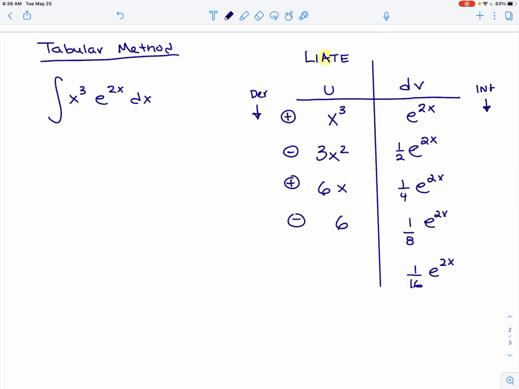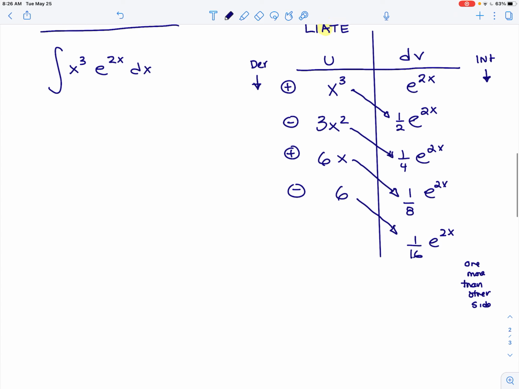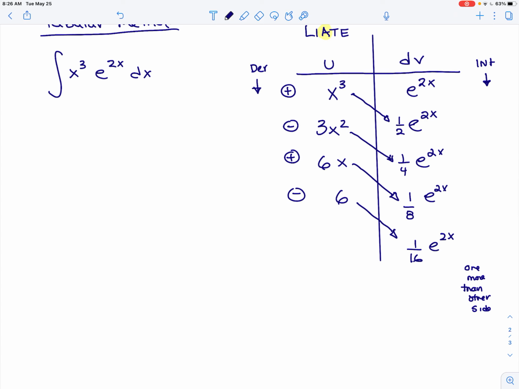So you want to go one more than the other side. Okay, and then you're going to take the plus this times this, minus this times this, plus this times this, and then minus this times this. And then that should be your answer.